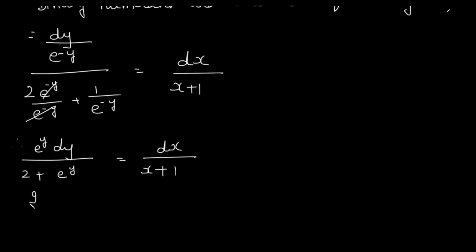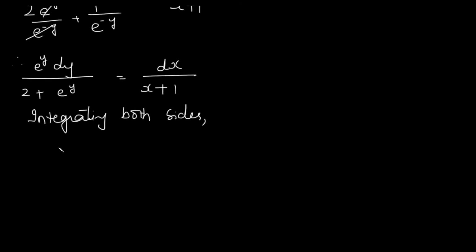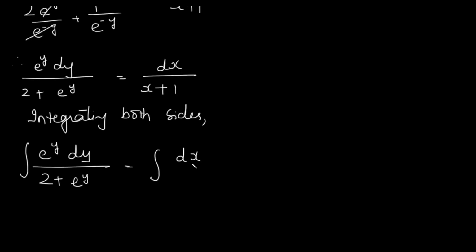So integrating both the sides, we put the integral sign over there. So we get over here integral e raised to y dy upon 2 plus e raised to y is equal to integral dx upon x plus 1 plus c.